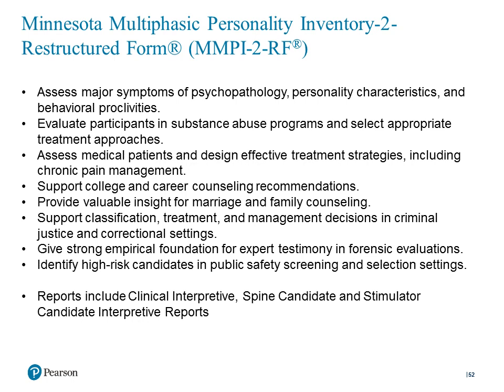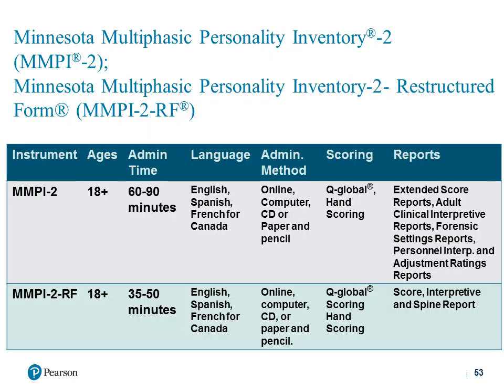It's also used to evaluate participants in substance abuse programs and select appropriate treatment approaches, and then to assess medical patients and design effective treatment strategies, including chronic pain management. And the reports here include a clinical interpretive, a new spine candidate, and stimulator candidate interpretive report as well. Here's the briefer information on the MMPI-2 and the MMPI-2-RF.